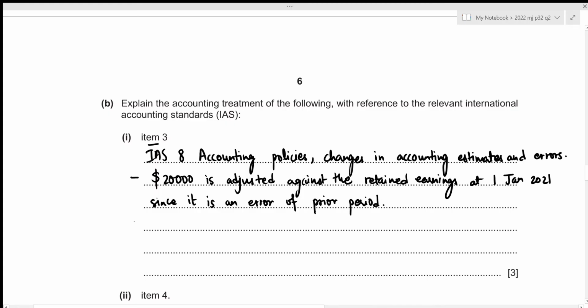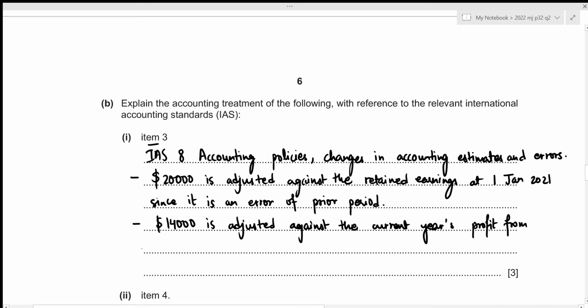Then we move towards the 14,000. 14,000 is adjusted against the current year's profit from operations. And this is for the year 2021.